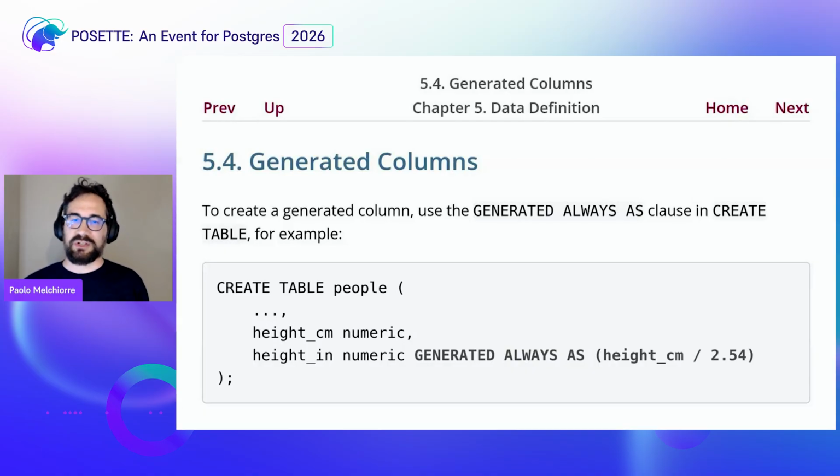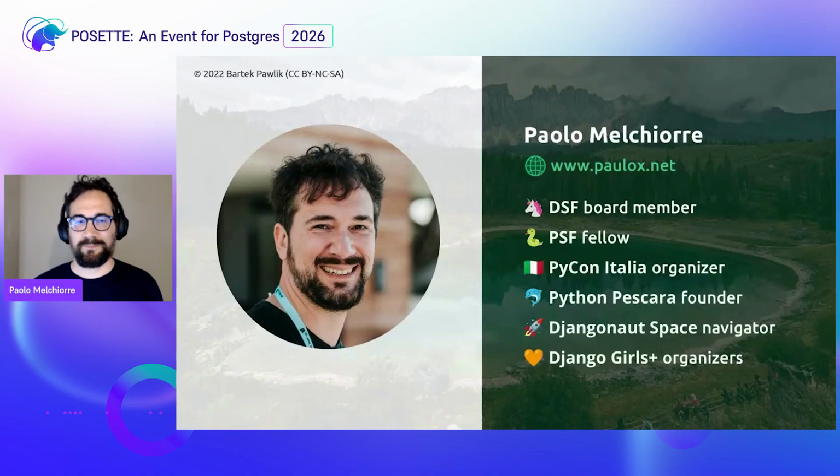But before showing you more examples, I want to present myself a bit. I'm Paolo Melchiorre. I'm a Python Django developer from Italy. I'm a board member of the Django Software Foundation and a PSF Fellow. I help organize PyCon Italia, the conference we organize in Italy, which will be at the end of May this year.